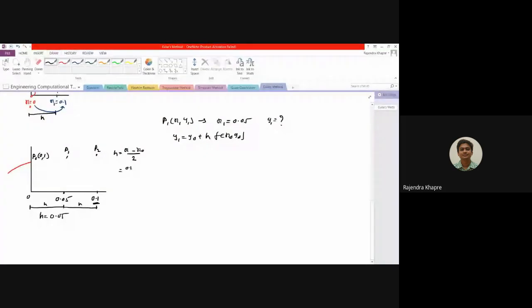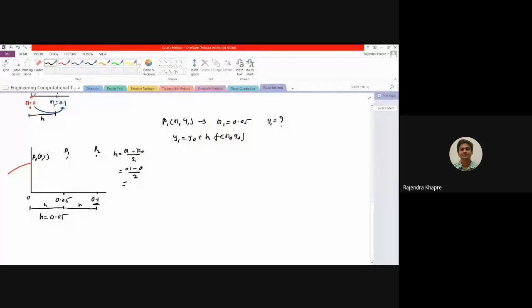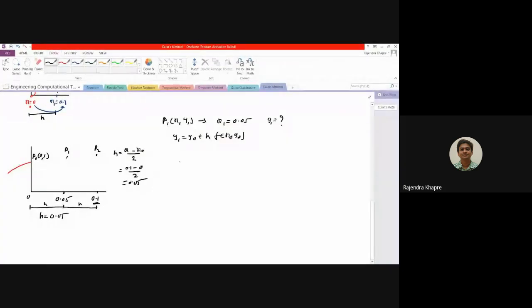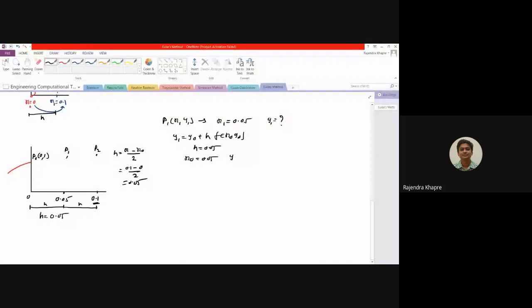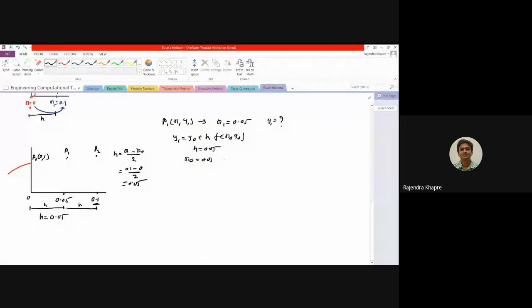So this is 0.1 minus 0 divided by 2, which becomes 0.05. So in this case the value of h is 0.05. Sorry, x0 is 0, not 0.05.